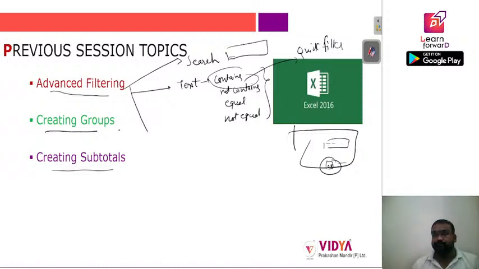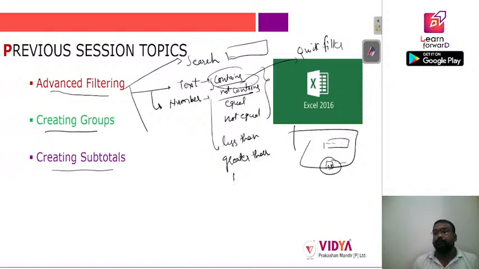and we will get the filtered value. Then we have numerical or number, advanced number filtering, in which it was the same thing. There would be number filters, not this contain. It would be like less than, because in case of numbers we will get less than or greater than or between.